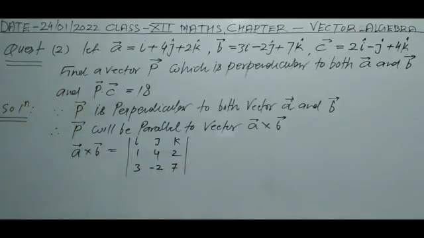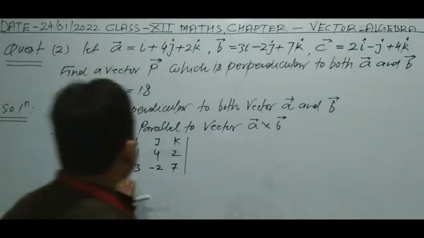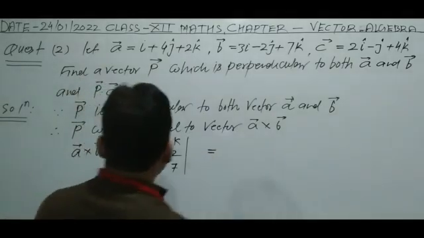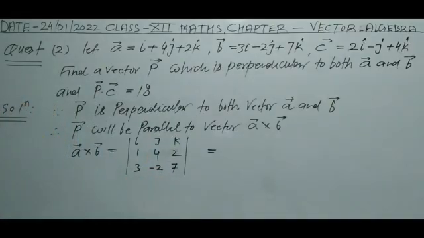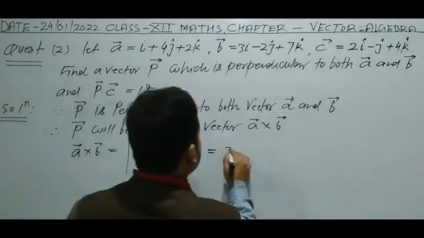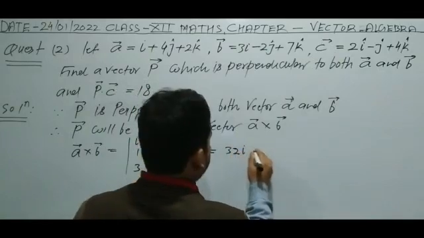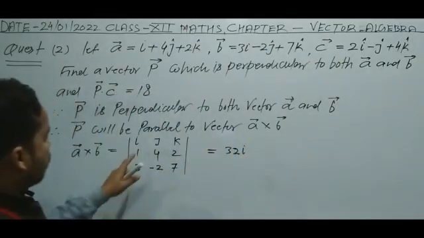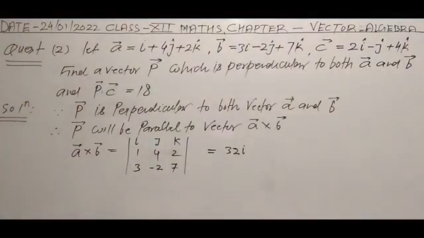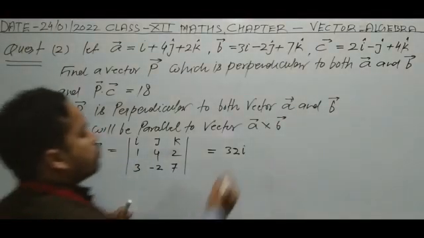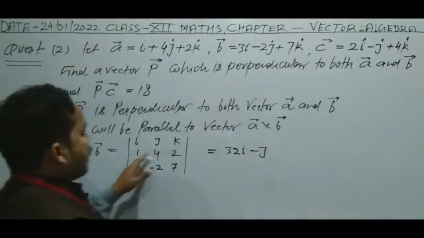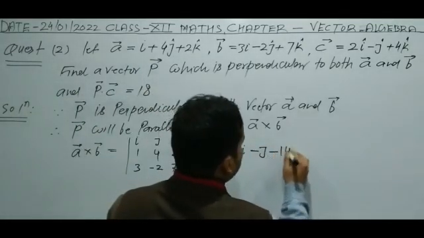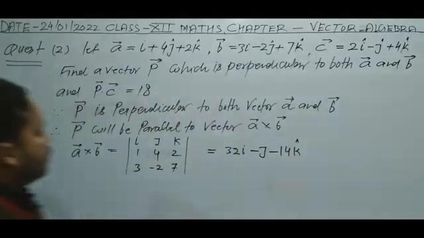After calculation, the result will be i times 4 times 7 is 28, plus 4, result will be 32i. Minus j times 7 minus 6, result will be minus j only. And minus 2, minus 12, minus 14, so minus 14k. This is the vector.